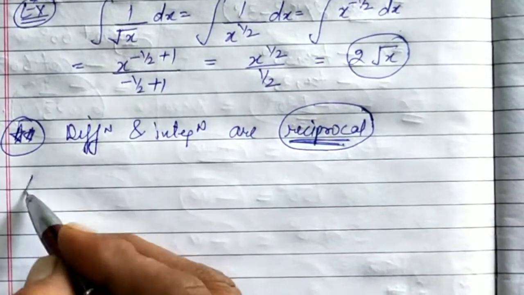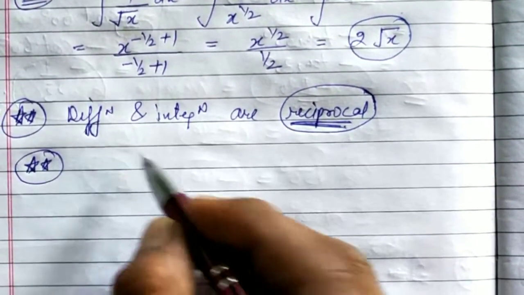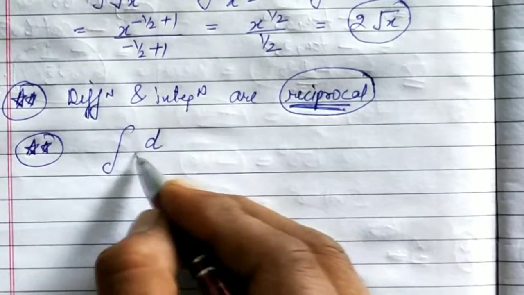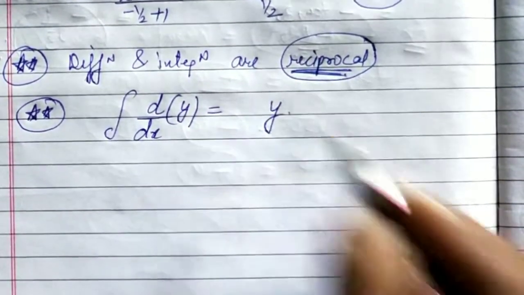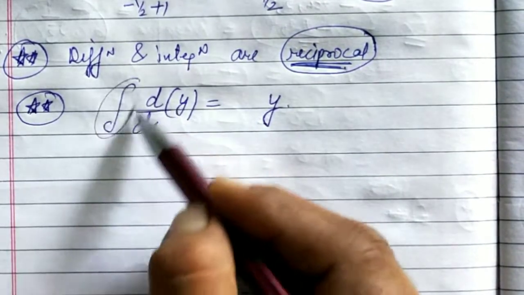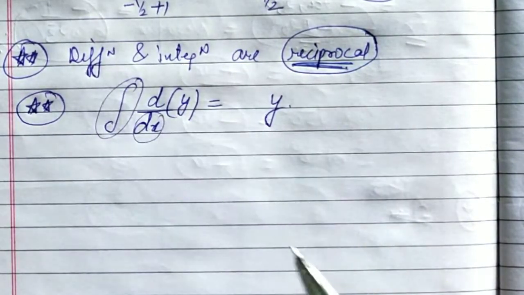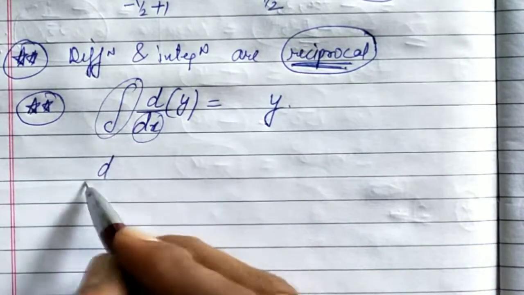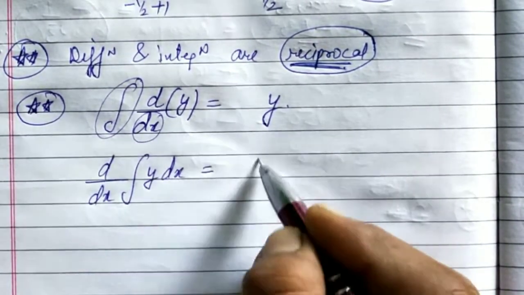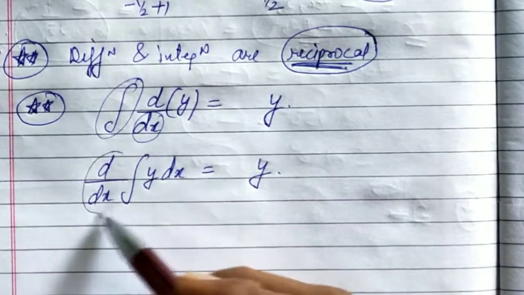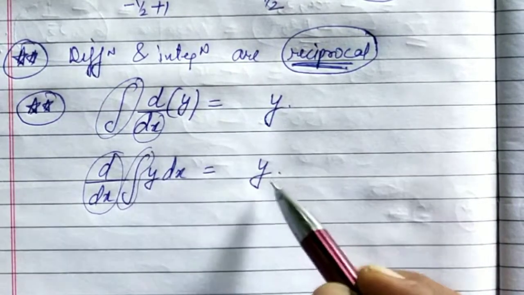The meaning is that if we integrate and differentiate a function, then they will cancel out. Similarly, if I write d by dx of the integration of y dx, it will also become y, because differentiation and integration will cancel out each other.